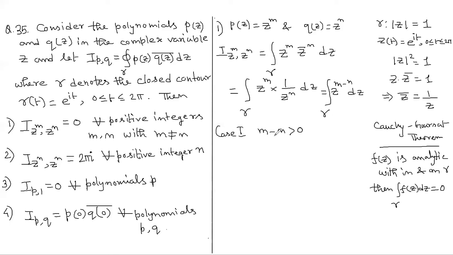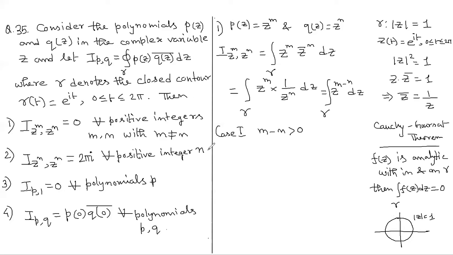So here if m minus n is strictly greater than 0, then this is a polynomial, and this polynomial is analytic within and on gamma. That means in the simply connected region bounded by this circle mod z equal to 1, the function is analytic.